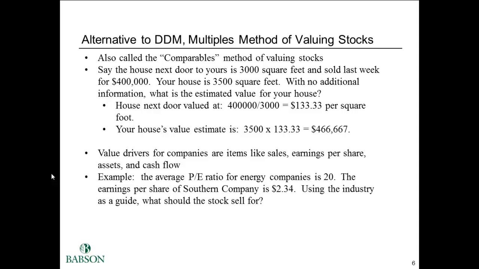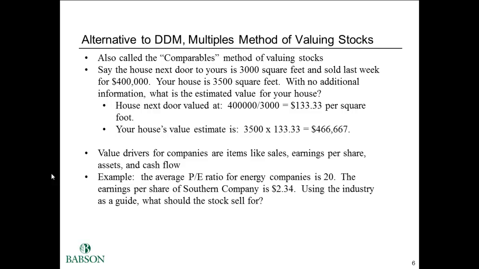And so let's say you take the house that's next door to yours, which means that the location is going to be about the same. So the key difference between the house next door to yours and yours is going to be maybe the size of the house. So let's say the house next door to yours is 3,000 square feet and sold last week for $400,000. Your house is 3,500 square feet.